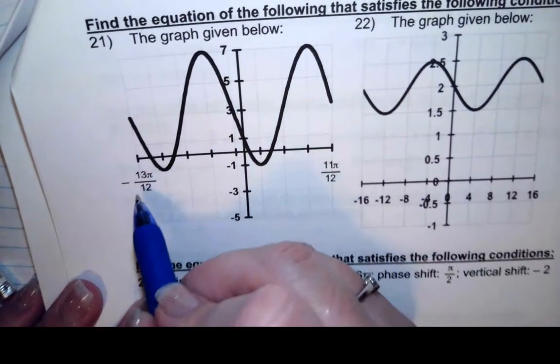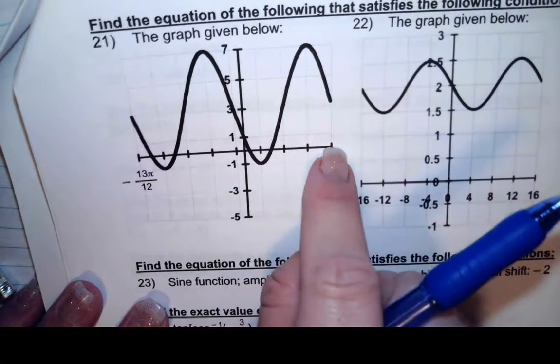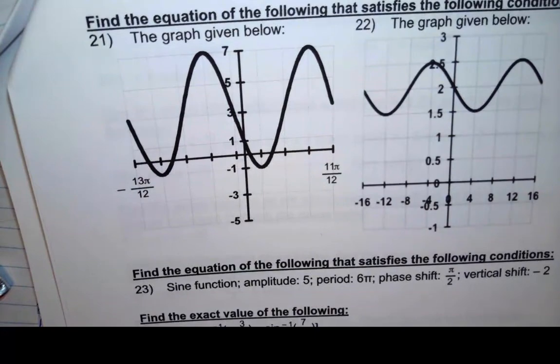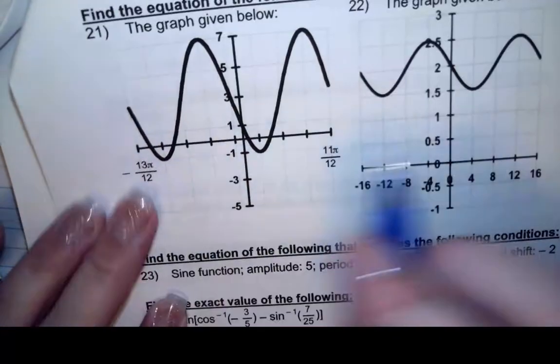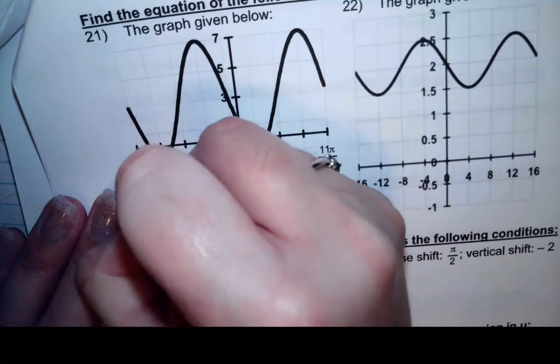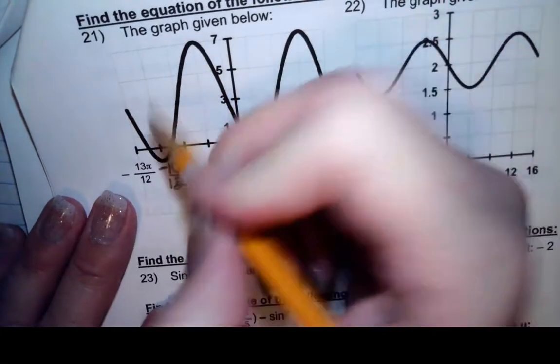And so when I mark this off, I find out that this is in 1, 2, 3, 4, 5, 6, 7, 8 parts. So I took 24 and divided it by 8. So each tick mark represents a pi over 3. Okay, so I added, and I'm going to write in pencil, I added a 3 pi over 12 on this one.